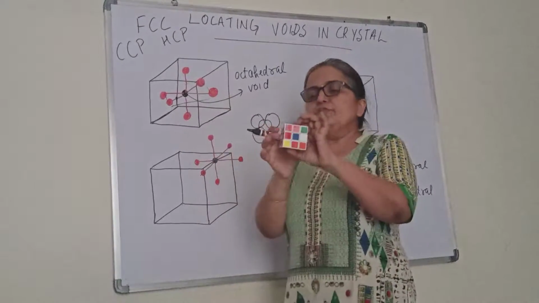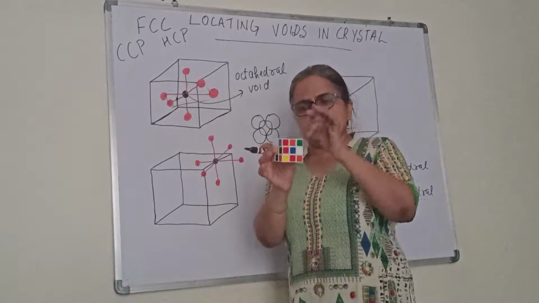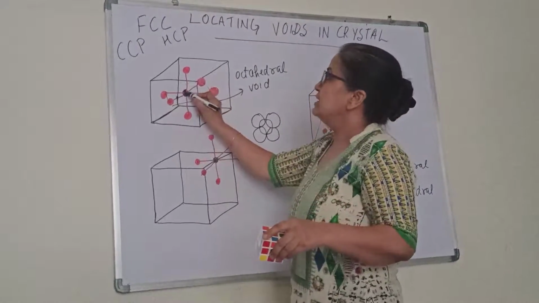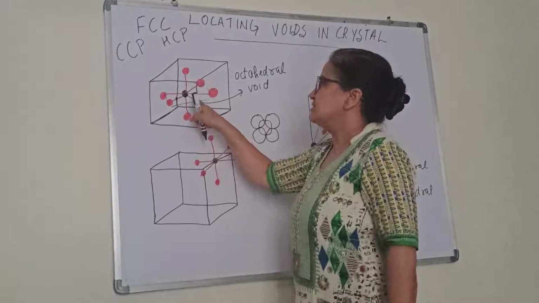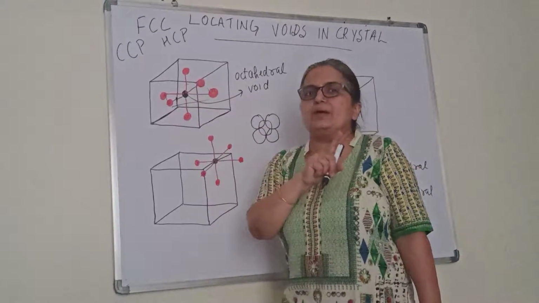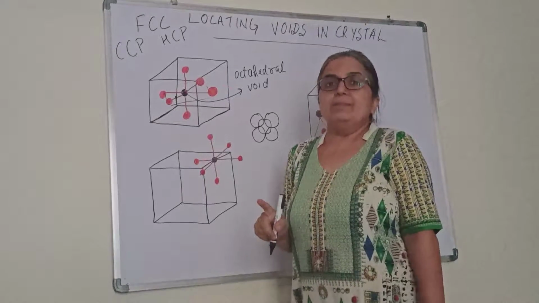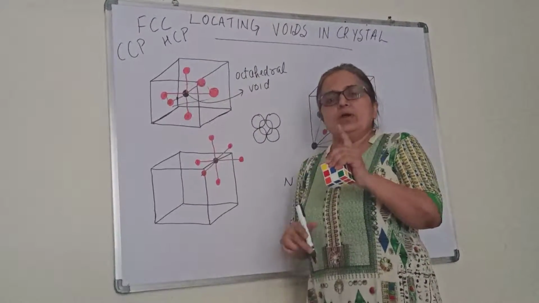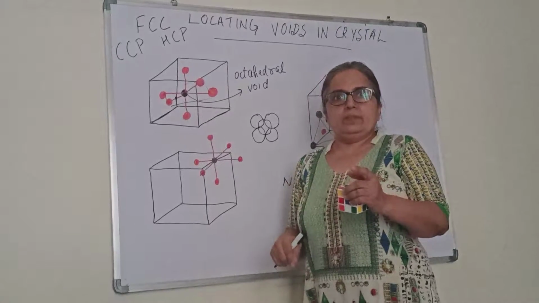So between the centers of the faces, there is something inside, that is the body center. This body center is an octahedral void. Don't think this black one is a constituent particle. It is a void; I am representing it as a void. So in FCC, there is one void in the center of the body.